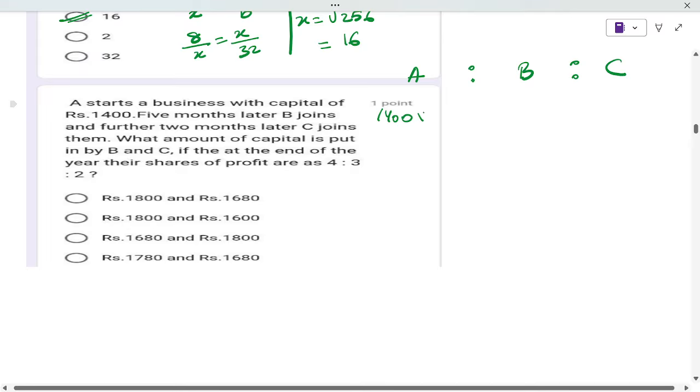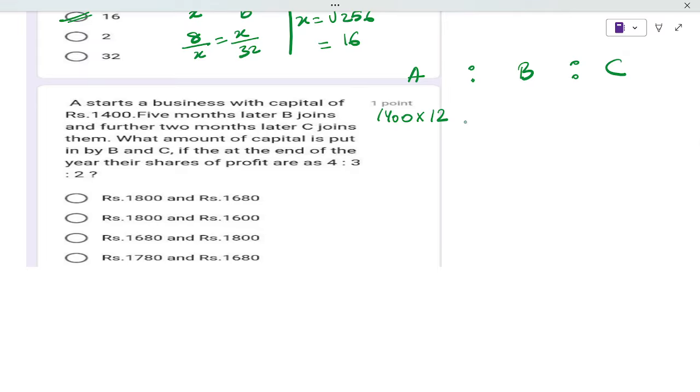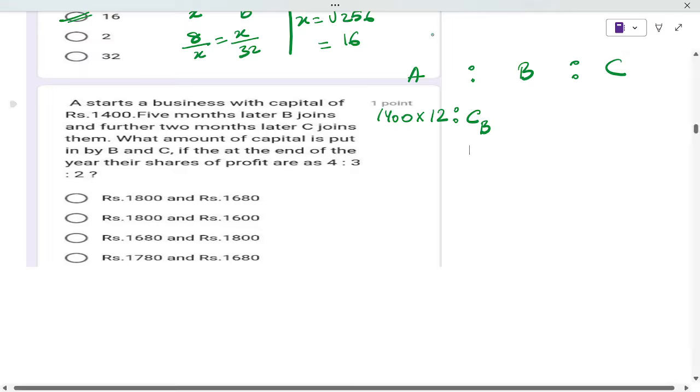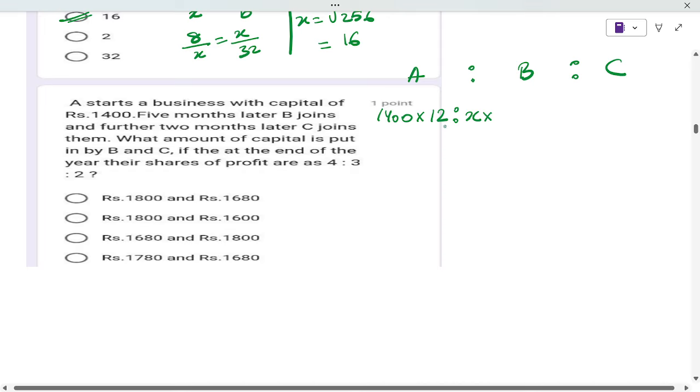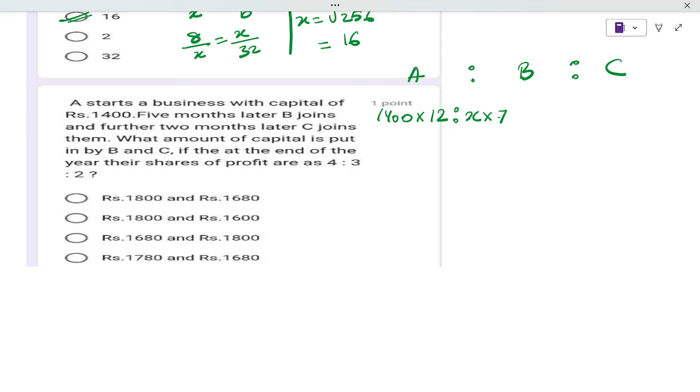Let B's capital be x. B joined 5 months later, that means out of 12 months, 5 months passed, so B invested for 7 months. Next, C joined 7 months after the start, so out of 12 months, 7 months passed, and C invested for 5 months. C's capital is y, so y into 5.